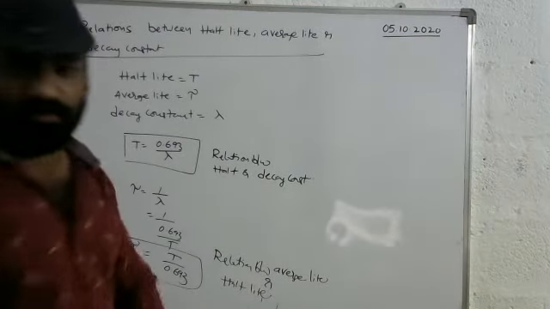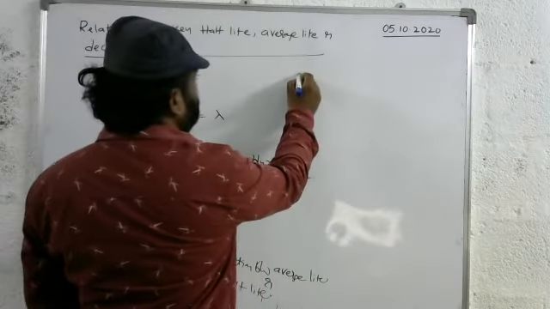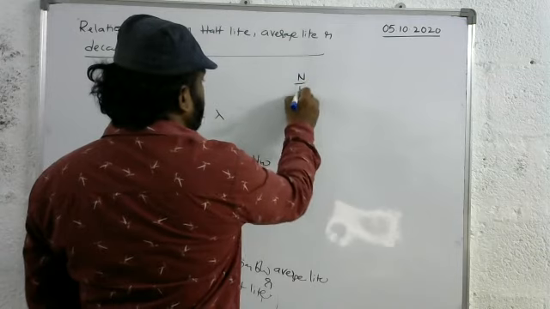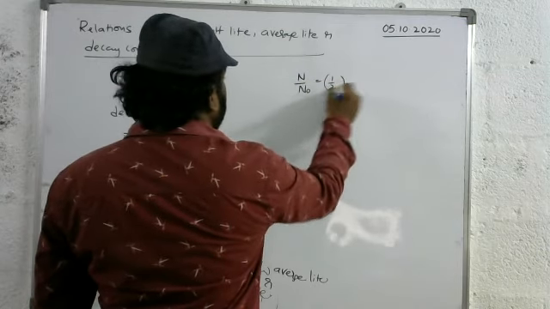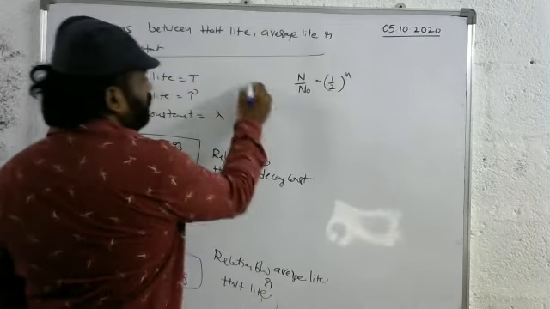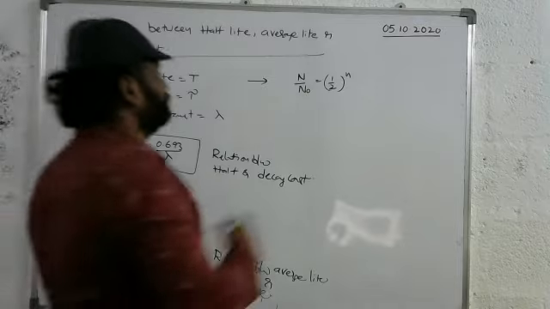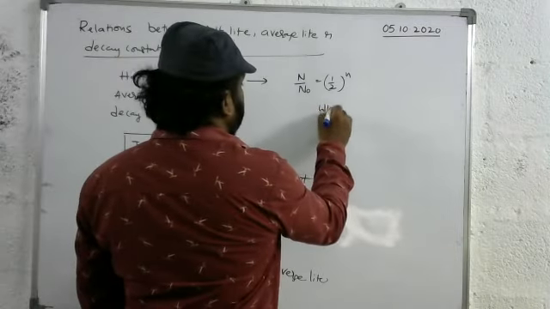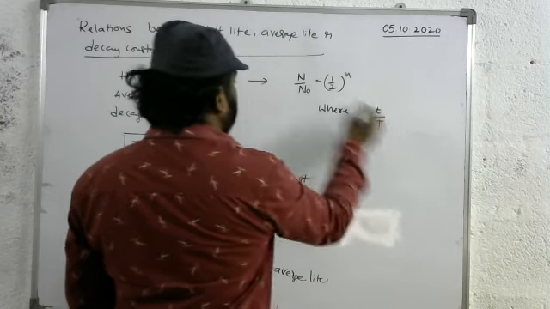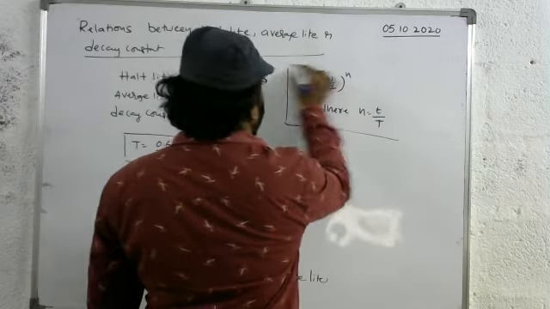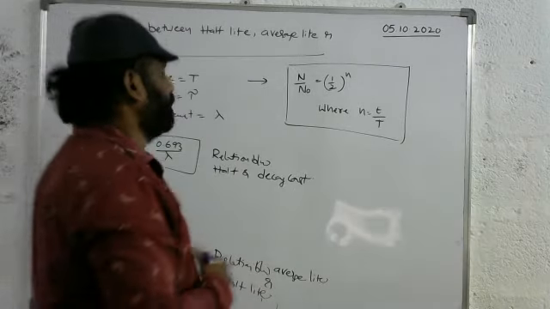We have one more formula to solve the problems: N by N naught is equal to 1 by 2 whole to the power of n, where n is equal to small t by capital T. You have to remember this formula, which is very important to solve problems regarding half-life and average life.